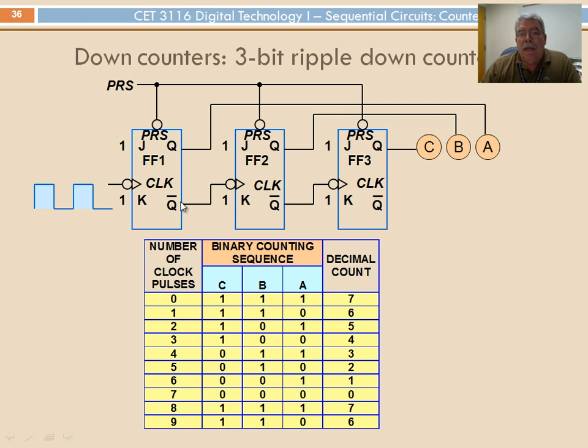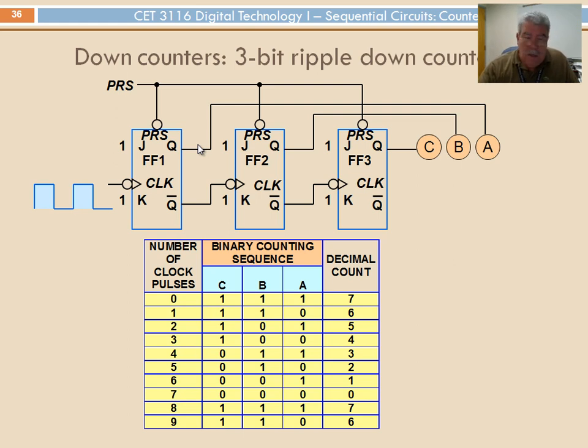See that the clock, as I said, is fed with the complemented output, the Q naught complement. However, our reading is provided by the non-complemented output, so we're reading the non-complemented output directly.